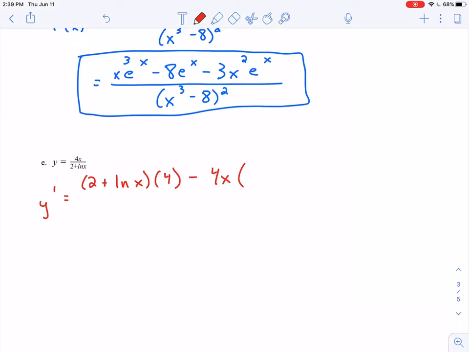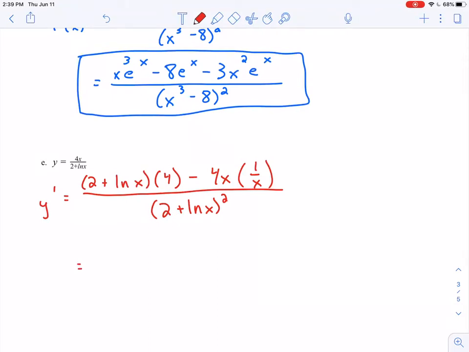Well, the derivative of 2 is 0. Derivative of natural log of x, that's 1 over x. So you could write it as 0 plus 1 over x if you wanted, or you could just say 1 over x. Square the bottom, 2 plus natural log of x squared, and away we go.